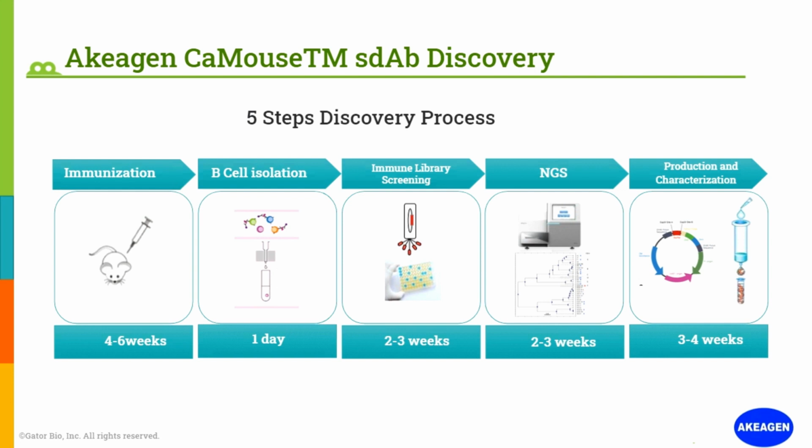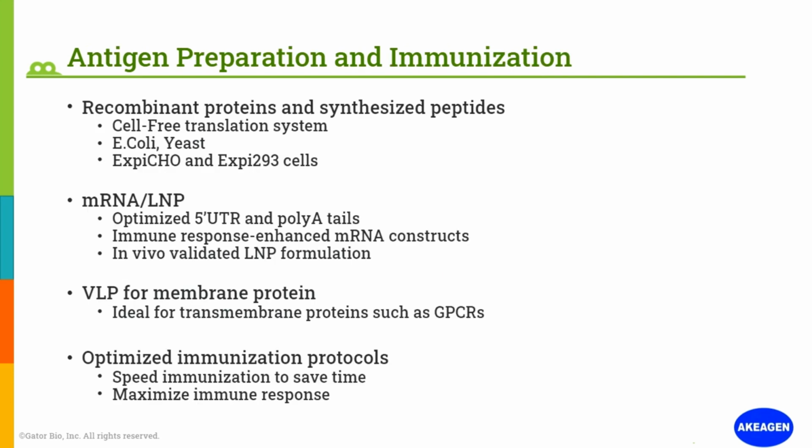The immunization of the small animal is very flexible, and we can use different antigens, as shown in the next slide. In our company, we have tried different antigens. We tried recombinant antibody proteins, synthesized peptides, and we also tried mRNA technology coded with RNP.